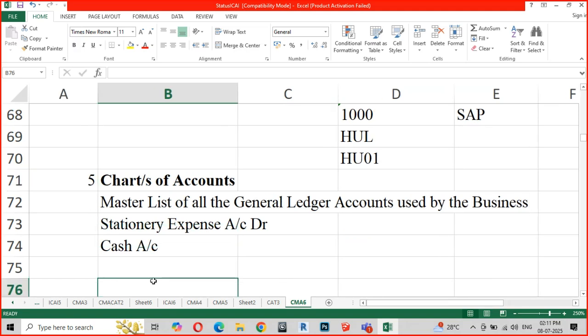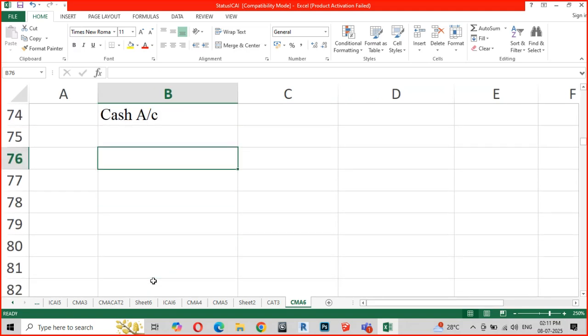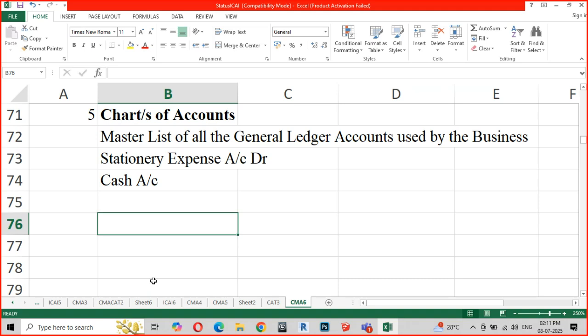Let me try to get that particular term. Variant principle.